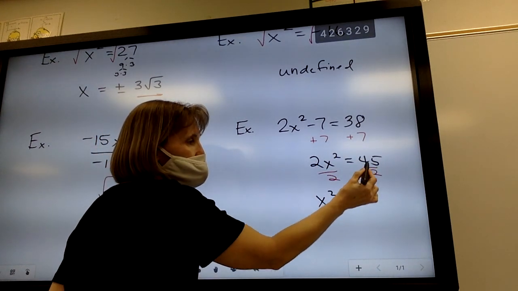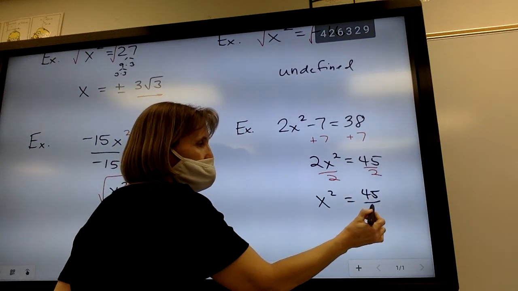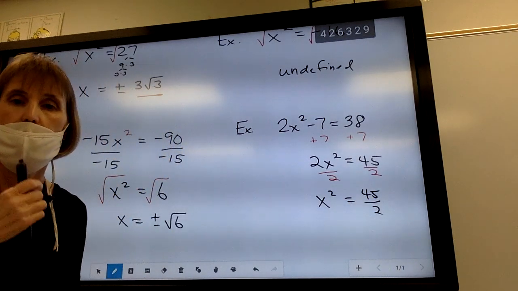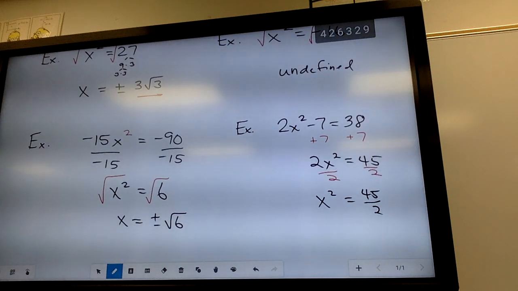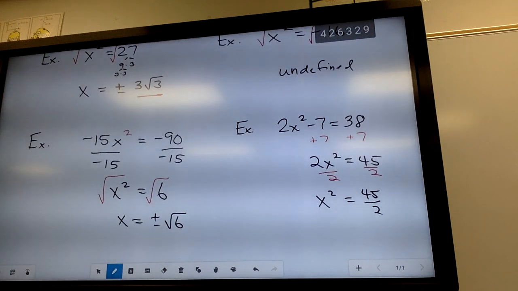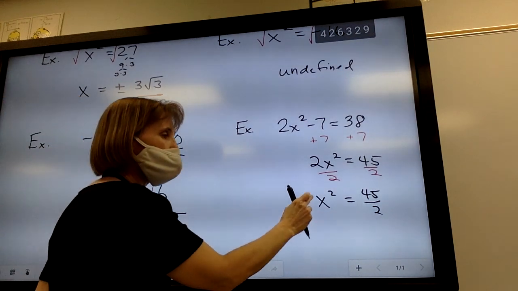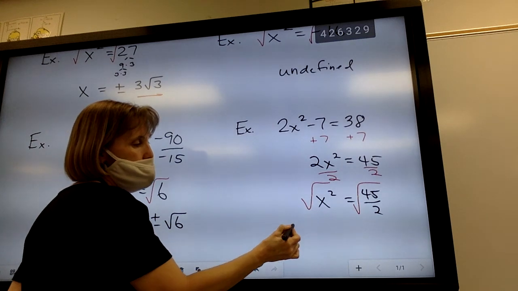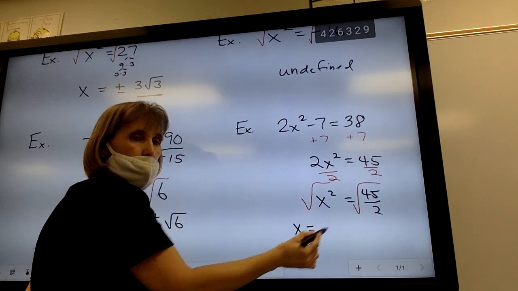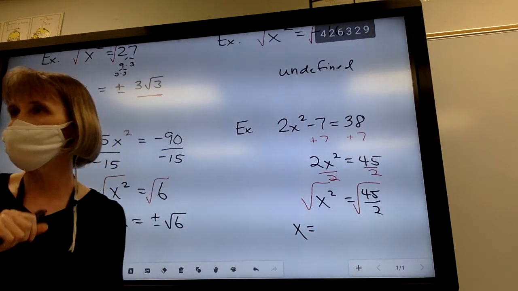Now, don't give me a decimal there. No decimals. Right now it's just 45 over 2. Now I'm ready to take the square root. And how do we take the square root of a fraction from section 9.3?